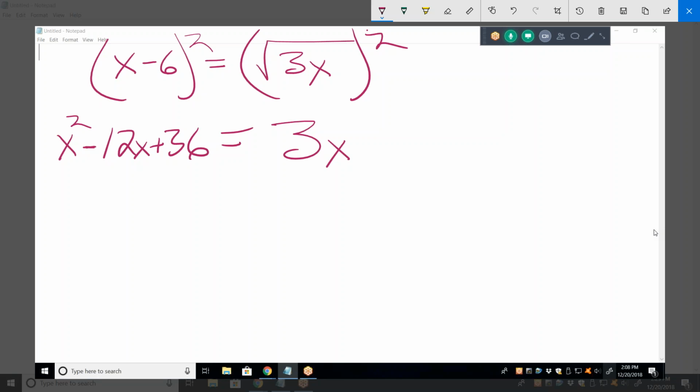What are we looking at? Aha! That's the key. We're looking at a quadratic. When you're looking at a quadratic, and it has an x squared term in it, and it has an x term in it, and it has a number, how do we solve it?